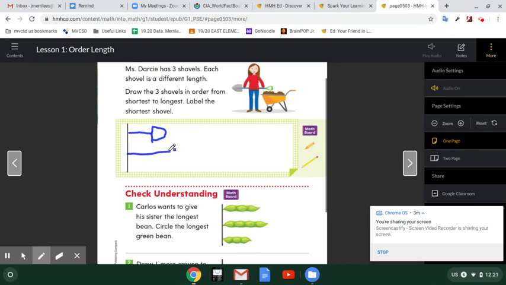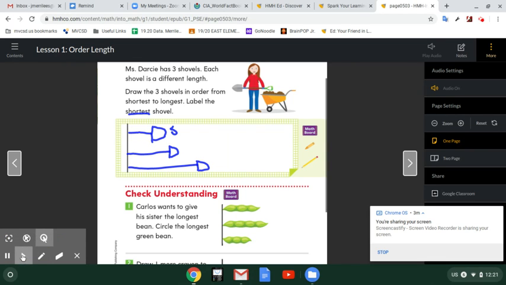Here's my medium shovel. And here's my longest shovel. Label the shortest shovel. So this time, next to my shortest shovel, I'm going to write that word shortest, just like it is right there.